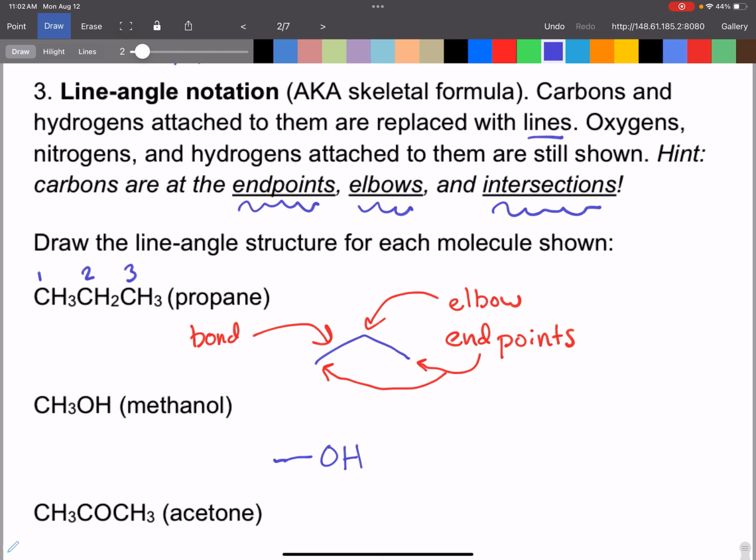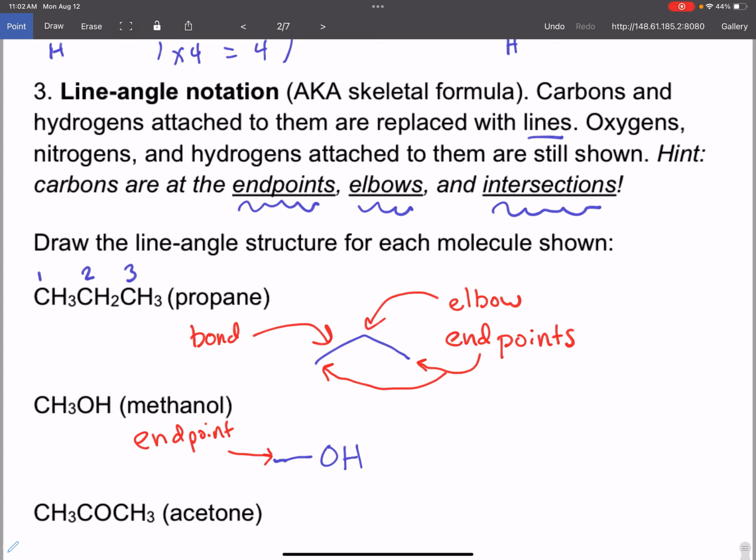And again, same idea. Now we've got an endpoint here. The end of that line is a carbon. So we are implying that there's a carbon right here with the 3 hydrogens attached to it. And then we still show explicitly the OH right there.